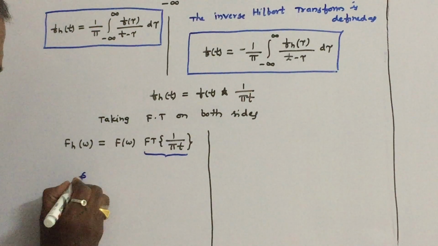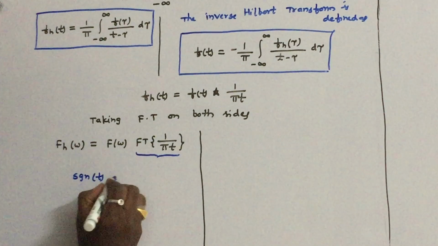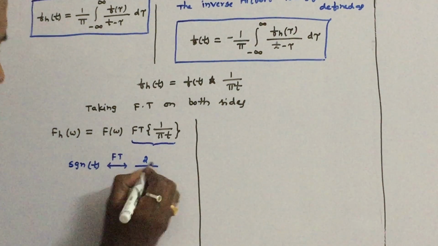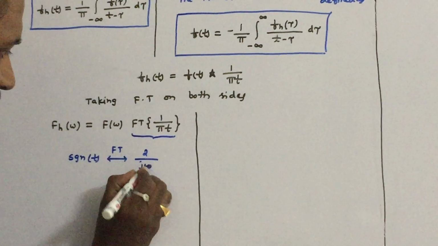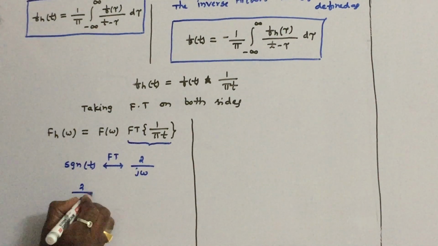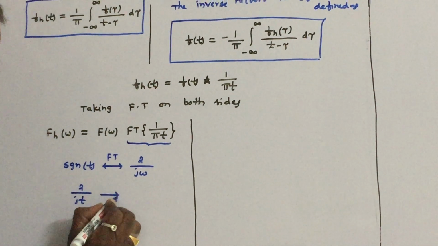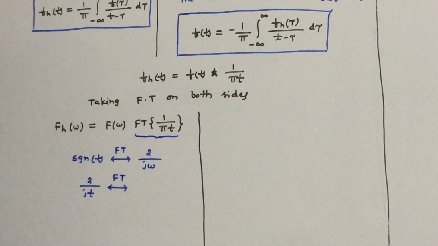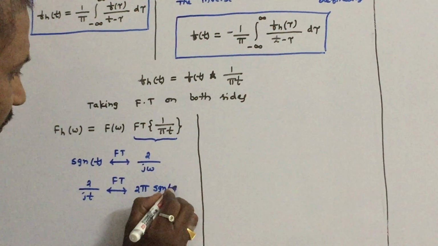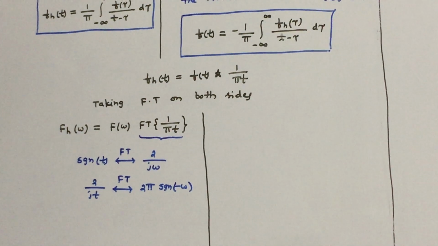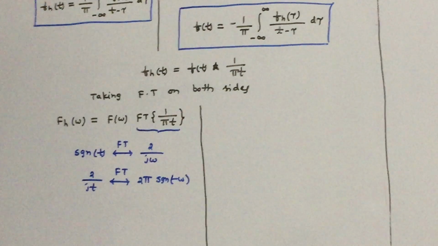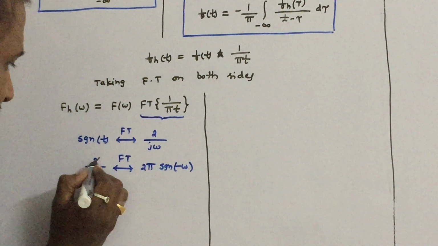For this purpose, very simple. You know that the Fourier transform of signum of t is 2 by j omega, a very important objective bit. Use the duality property, just substitute t here: 2 by j t has the Fourier transform, on the left side we multiply with 2 pi and signum of minus omega. So the 2 cancels out.